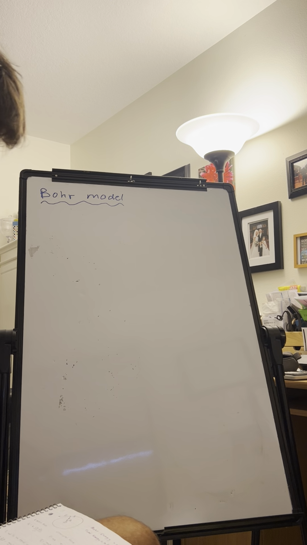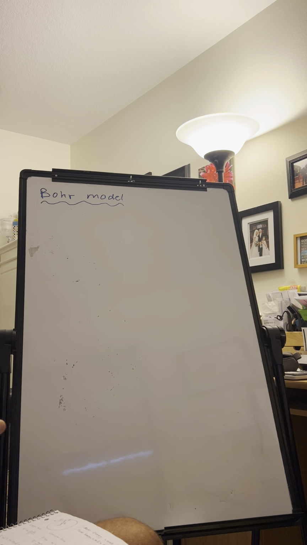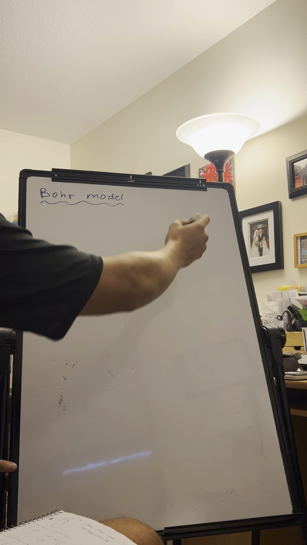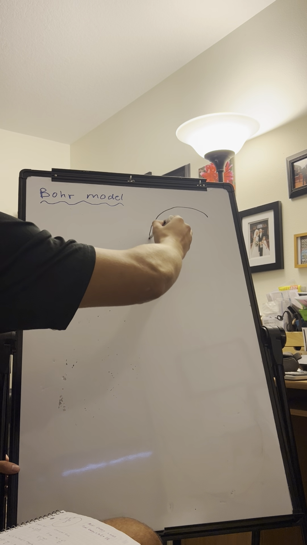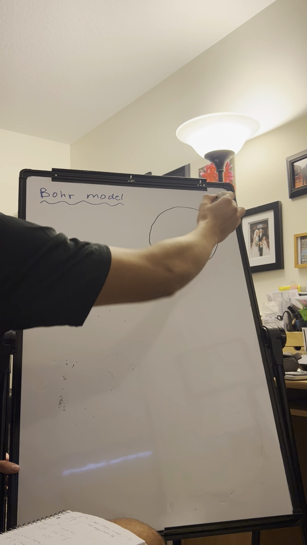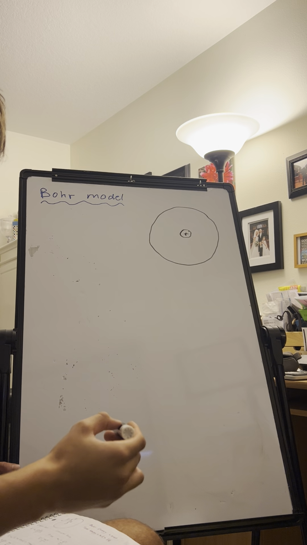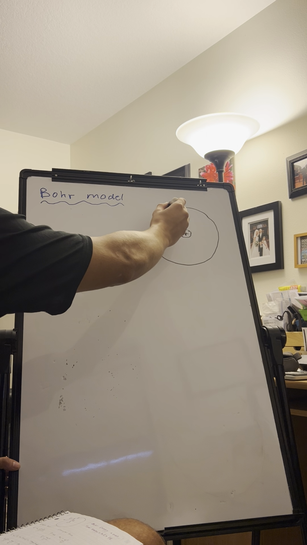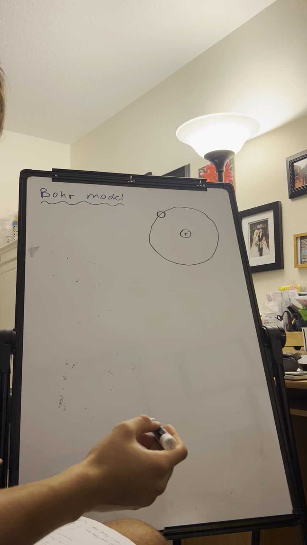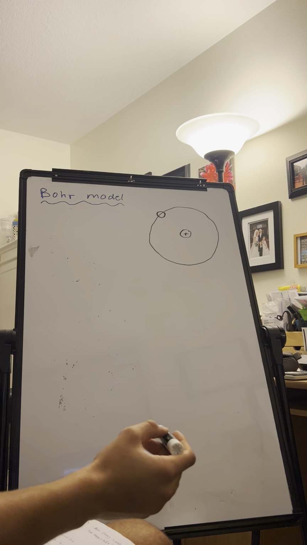To derive energy, we want to conceptually understand where the forces are coming from. So there's a proton, hydrogen's one proton, and it's attracted to its one electron.